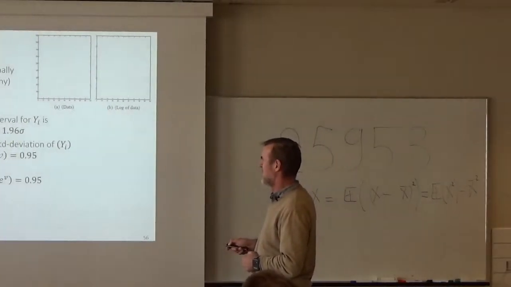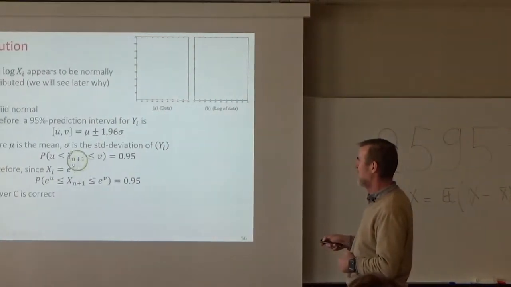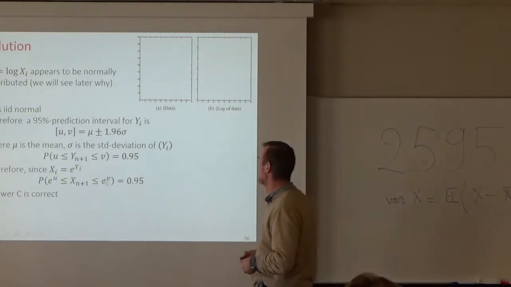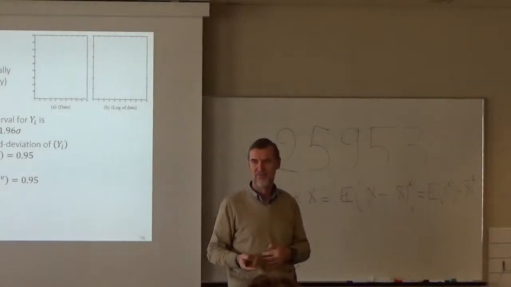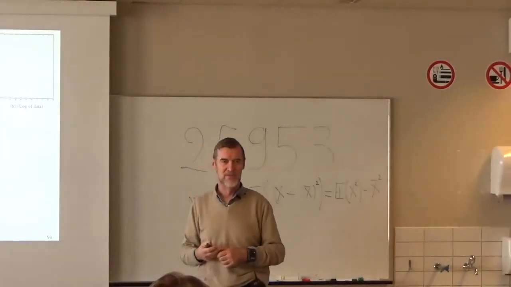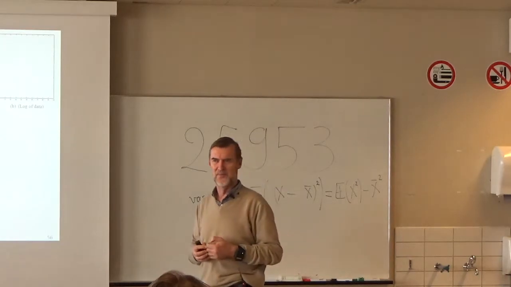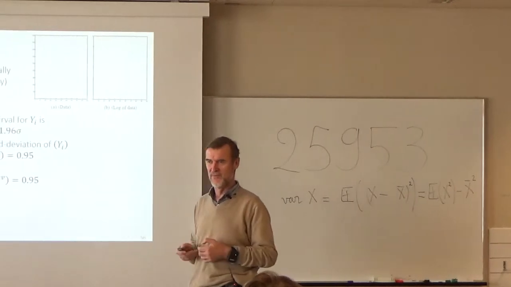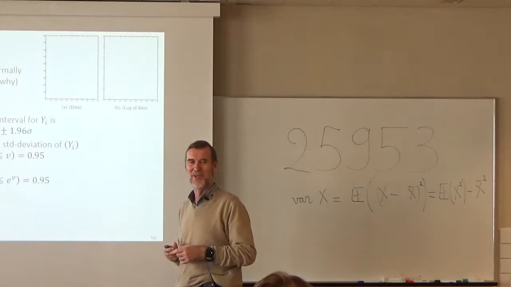Back to your question about the mean. That is what I was saying: a new data point, with y being the log, would be between u and v. Therefore, if I take the exponential, that gives me this. Now, if I take the mean of the log, that's the mu, right? If I take exponential mu, what do I obtain? Is it the mean of the data? No. But it has a name, it's called the geometric mean.